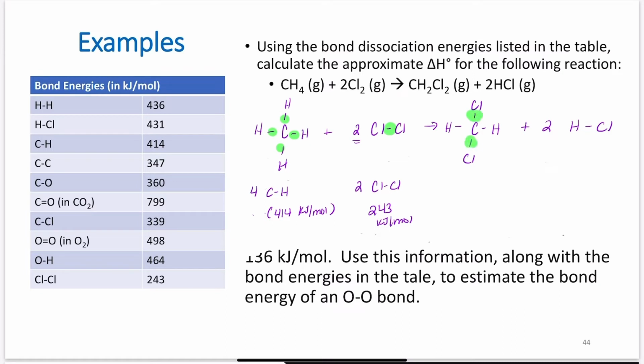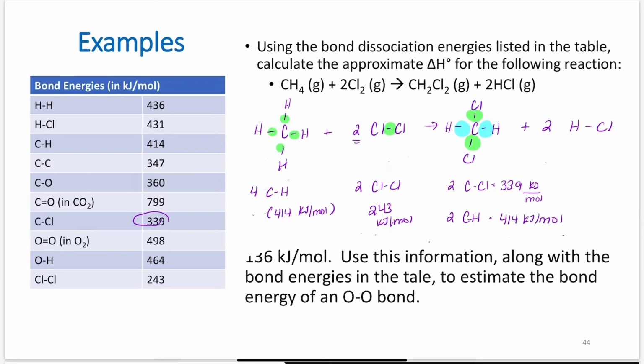Over here, 2 carbon-chlorine bonds formed, which is 339. And 1, 2 carbon-hydrogen bonds, 414 kilojoules per mole.